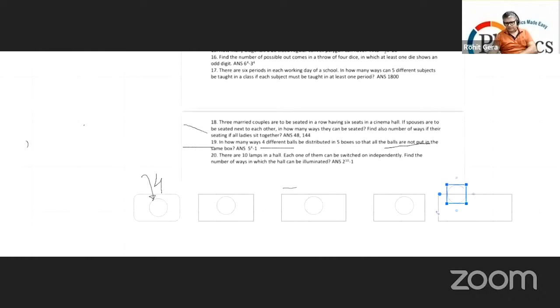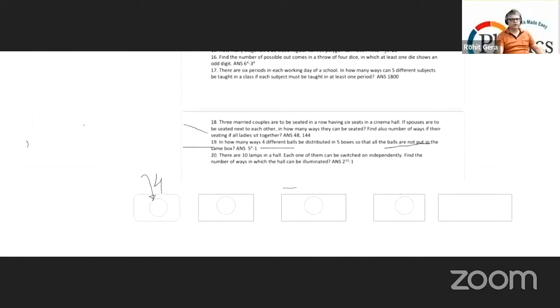ये क्या कर दिया? There are four different balls to be distributed in five boxes. Okay, so let's say if you have to put all the balls in one box, then what happens? That is only one way.